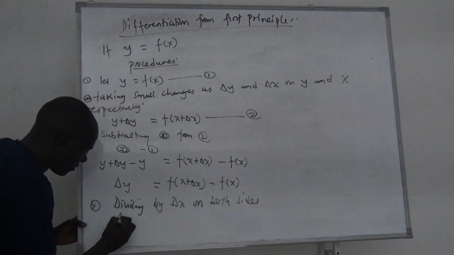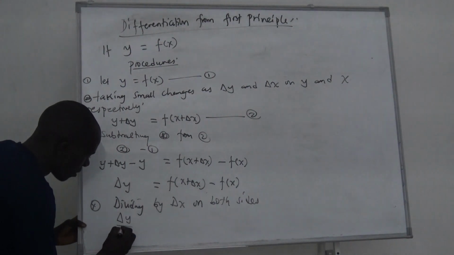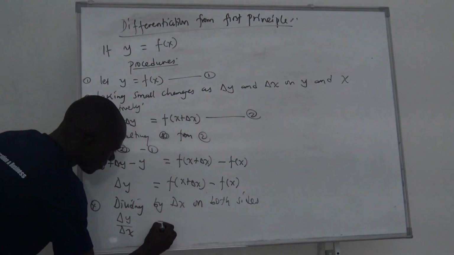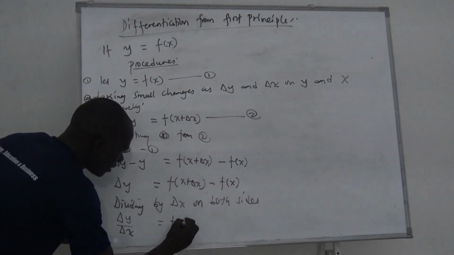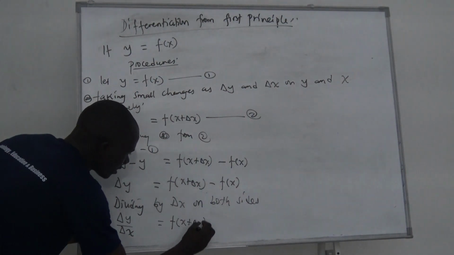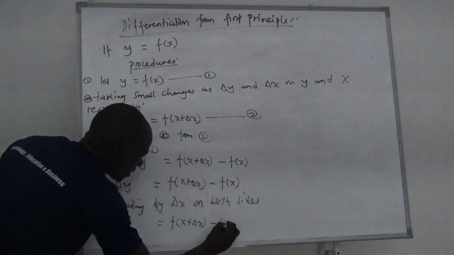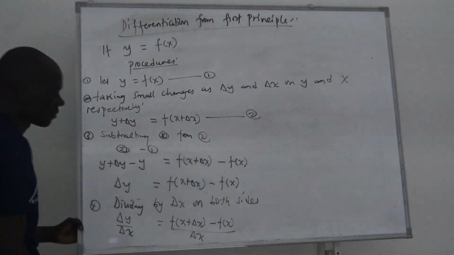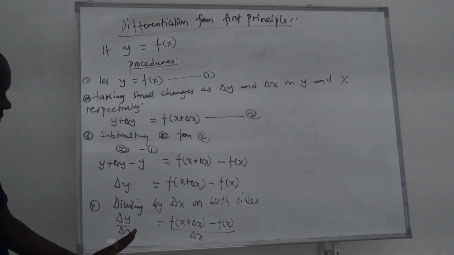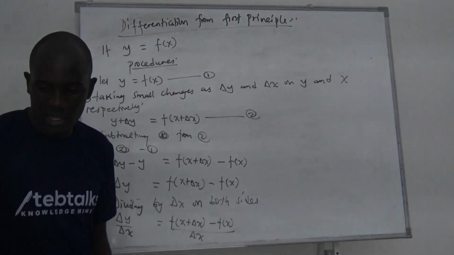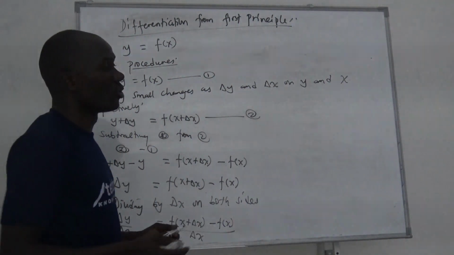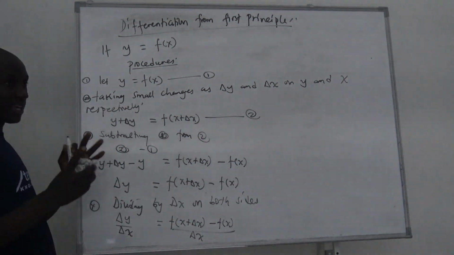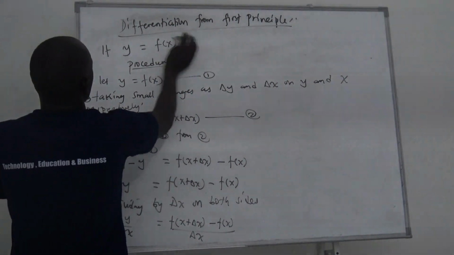We are going to have delta y over delta x equals f of x plus delta x minus f of x, all over delta x. You divide the whole of this by delta x, the small change in x.